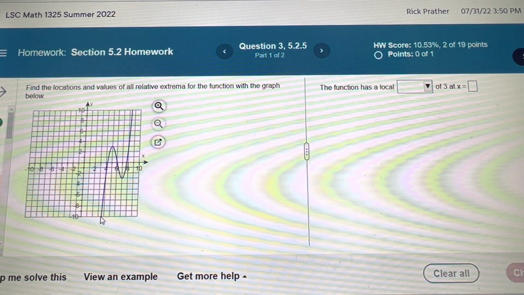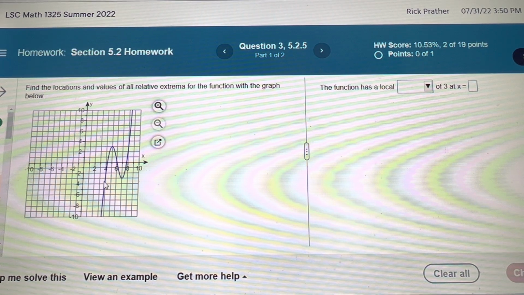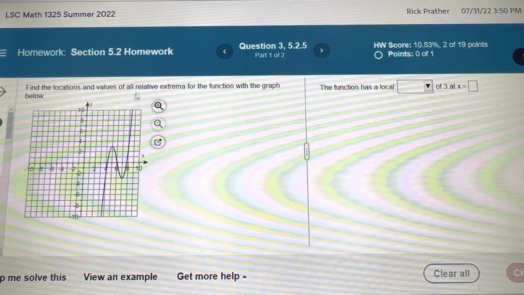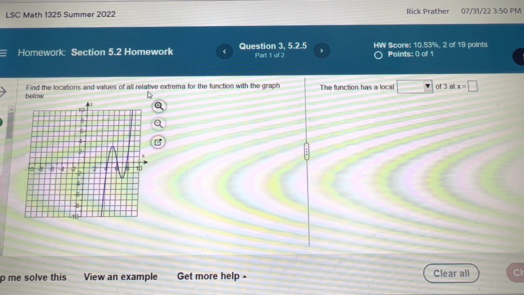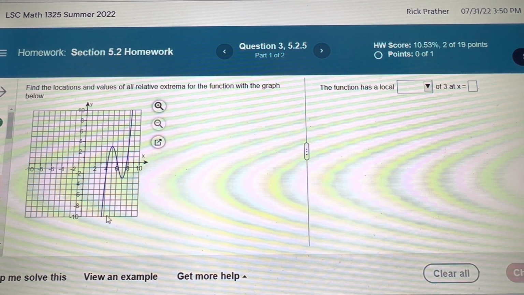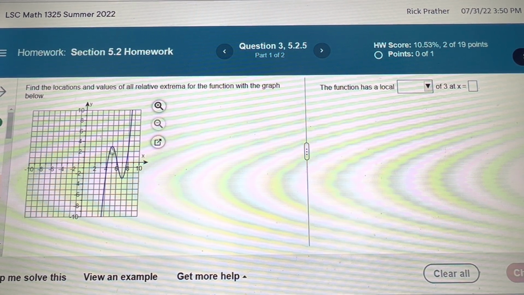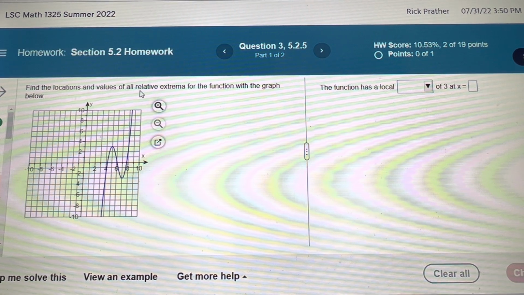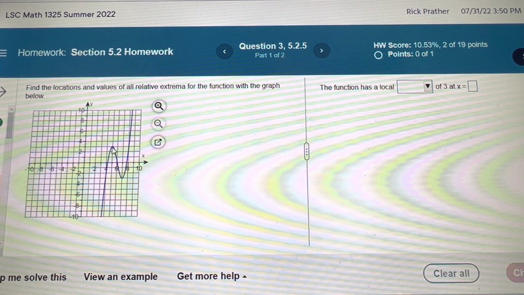Okay, so now if you're traveling on the graph, you're increasing first, and then you reach this maximum spot. That's why they call it relative extrema or relative maximum, or sometimes it's called local too. Local, in this little vicinity, there's a high point, but it's not necessarily the highest point of the whole graph. In fact, the graph goes up to infinity. So this is a local maximum, a relative maximum.